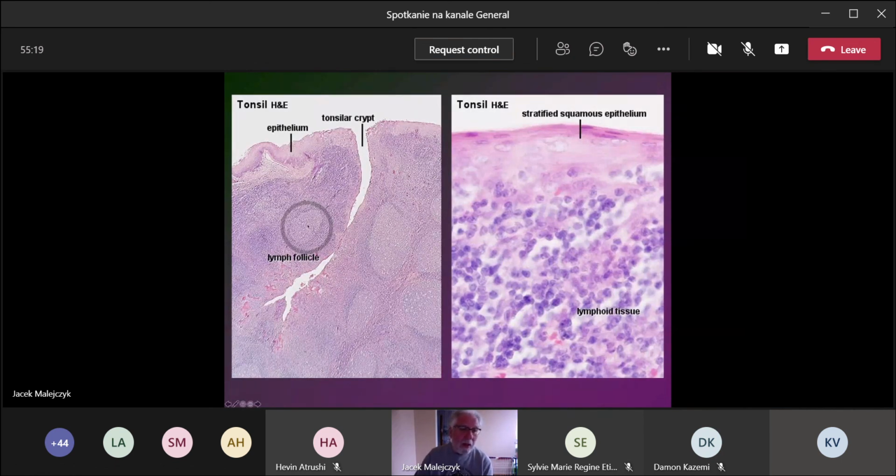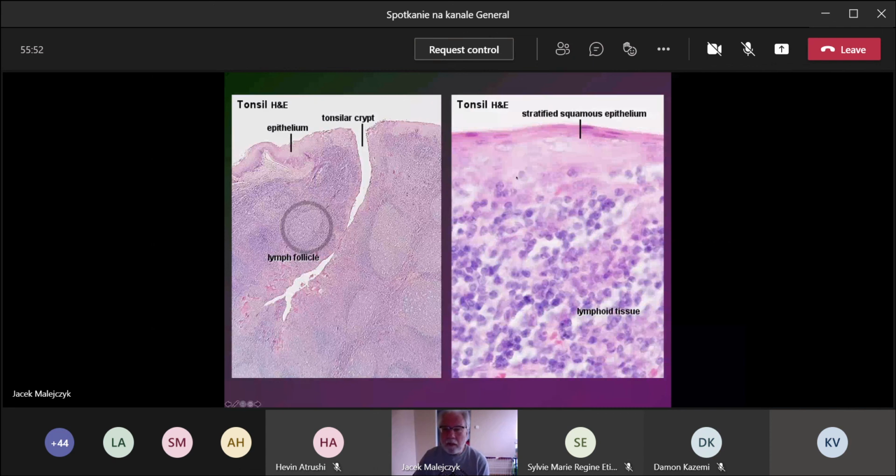These structures you see here are lymphatic follicles. This is such a lymphatic follicle with a germinal center and, of course, the mantle around. It is lined with an epithelium, usually squamous, stratified, non-keratinizing. There are invaginations which form what we call tonsillar crypts inside.